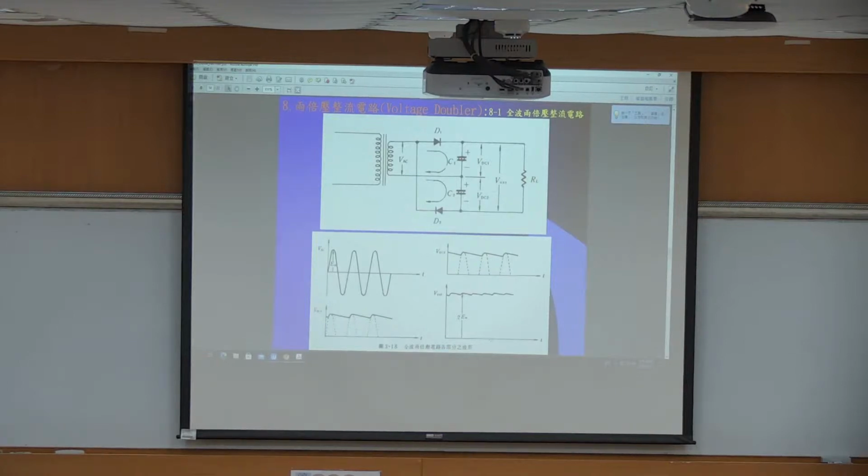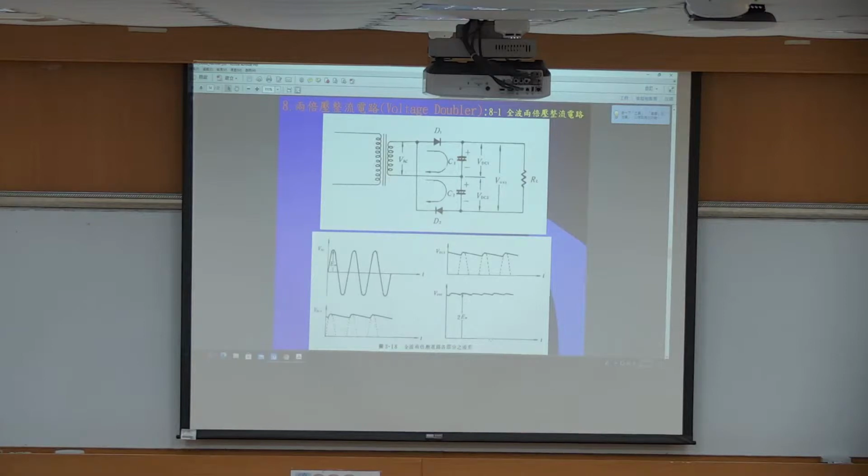We use the peak rectifier to achieve a constant value with a ripple waveform. And we clamp this voltage into a higher one, 2 times the original value.